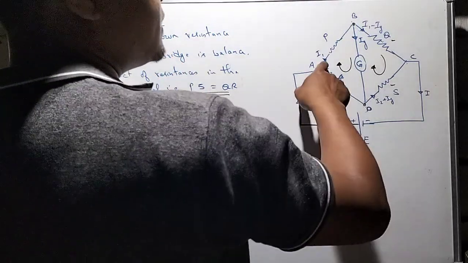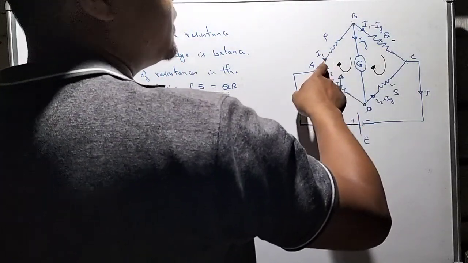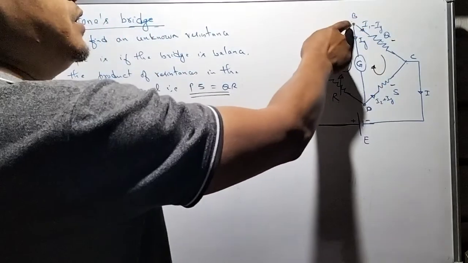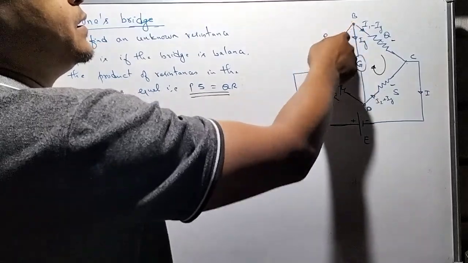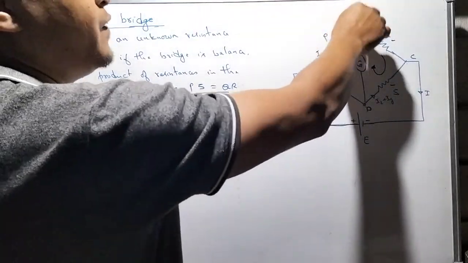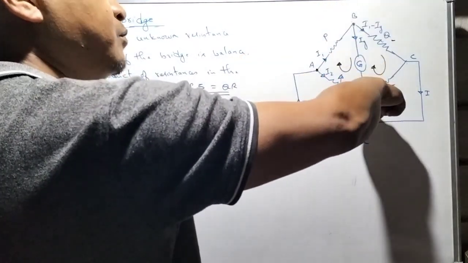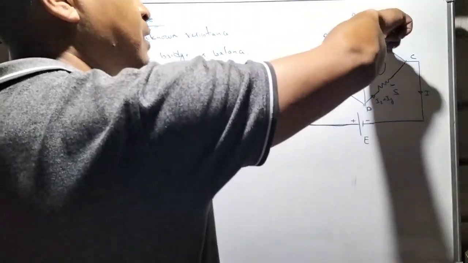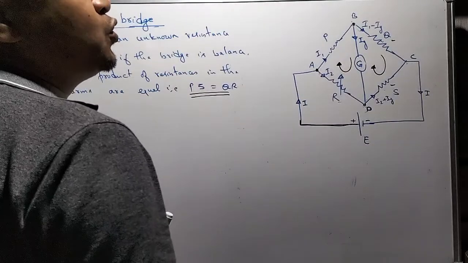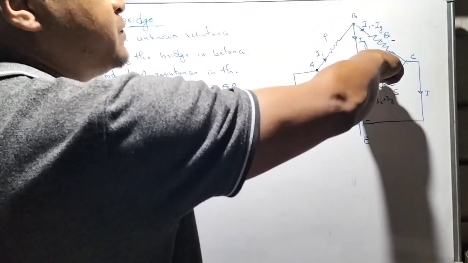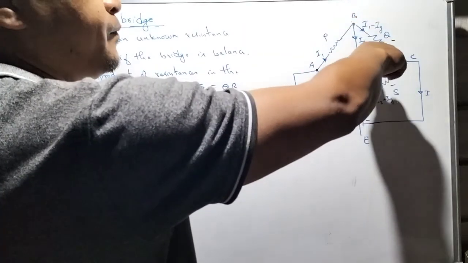And looking at this figure, this I1 has to travel to point B. And at point B, this current I1 will be divided again into two parts. One is along the galvanometer, the other is along the resistance Q. So out of this I1, let's say the current Ig is flowing through the galvanometer.